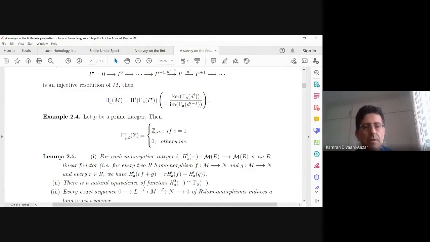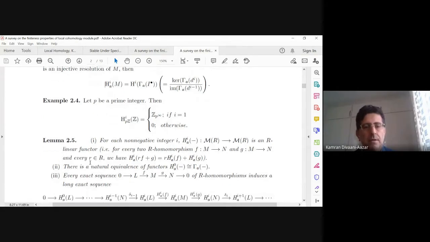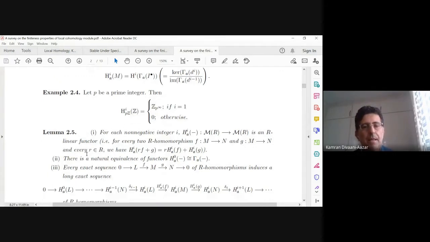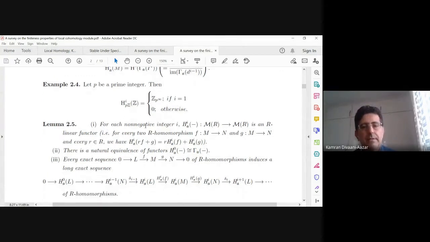Now we record some elementary properties of local cohomology, which, although they are very elementary, are very important too. The first one says that the ith local cohomology is an R-linear functor. What does this mean?